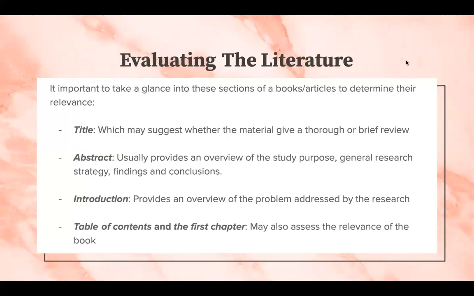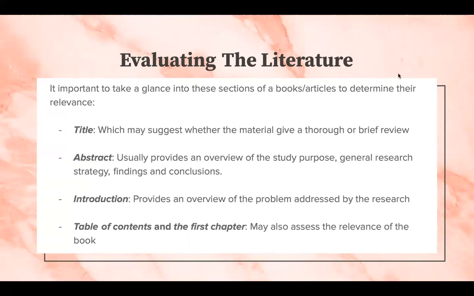When evaluating literature, it's important to take a glance at the sections of books or articles to determine their relevance. You can start by looking at the title, which may suggest whether the material gives a thorough or brief review of the study you are looking at. The abstract usually provides an overview of the study purpose, general research strategy, findings, and conclusion.